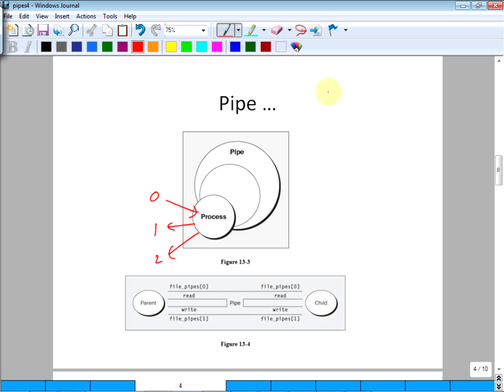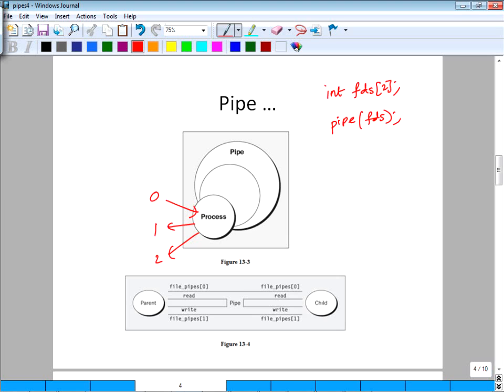Additionally, in a program, you can write something like this: file descriptors, an array of 2 integers, then you can invoke pipe on FDs. FDs is just a variable, an array of 2 integers. When you invoke this, this is exactly what will happen.